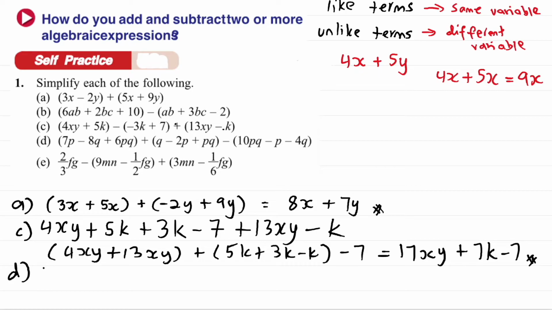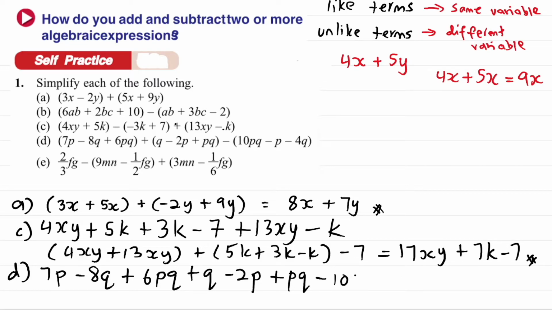Okay. Tengok D pula. Again, you pecahkan dia punya bracket dulu. 7p tolak 8q tambah 6pq tambah q tolak 2p. Hati-hati dengan dia punya sign, tambah pq tolak 10pq tambah p.